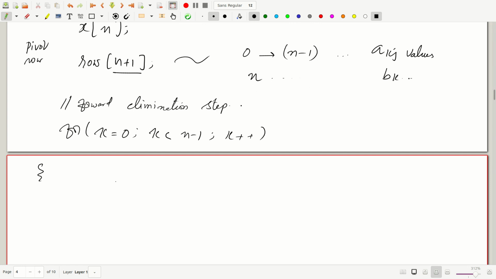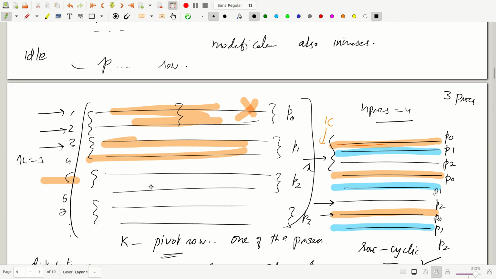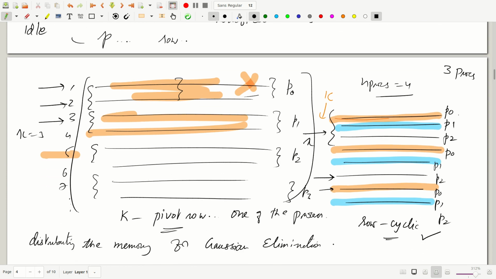And then first we need to see who has the pivot row. k is your row number, so if you have rows 0, 1, 2, 3, 4, 5, 6, 7 and 8 and so on, we need to see whether that particular row belongs to P2 or P1 or P0.